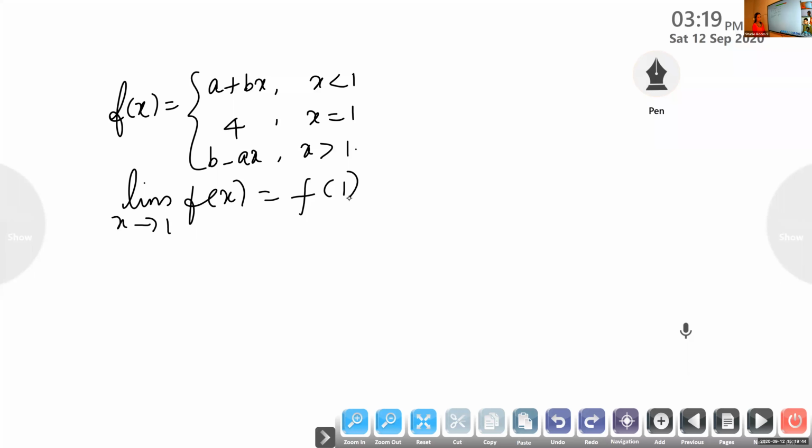What are the possible values of a and b? Okay. How to do this? Limit x tending to 1 of f of x is equal to f of 1.